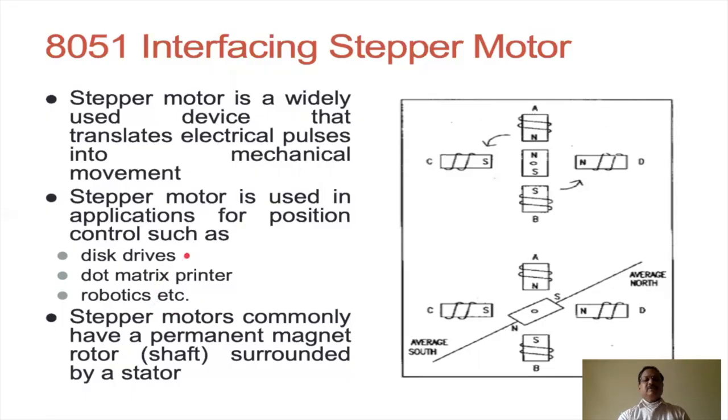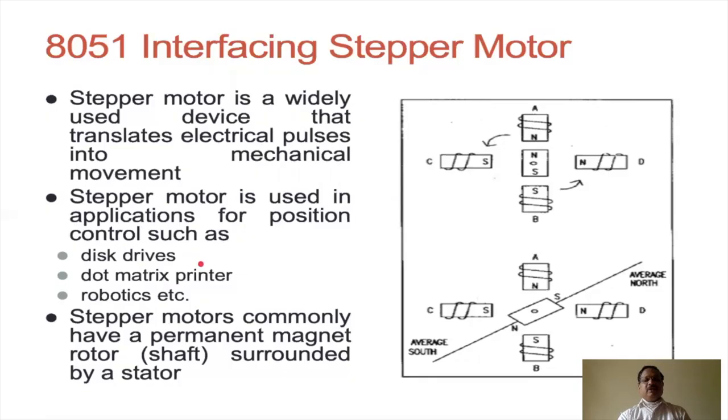In disk drives, the motors are used to position the head on the required sector and track. In case of a disk, there are a number of tracks and sectors, and for the file that is to be accessed, the head has to be positioned properly.